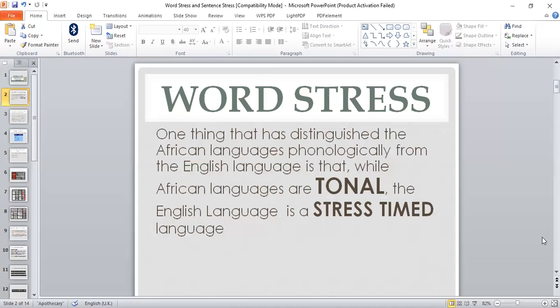O-W-O in Yoruba can be pronounced as Owo, which means money. And the same three-letter word can be pronounced as Owo, which means business. Though they have the same spelling, they are differentiated by meaning and pronunciation.